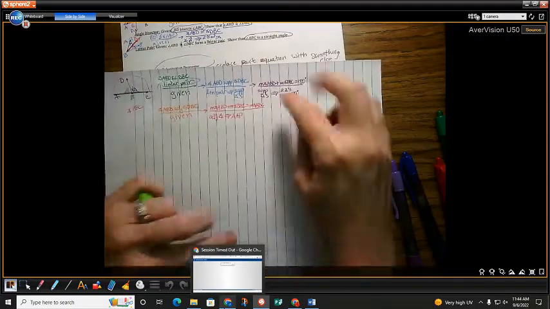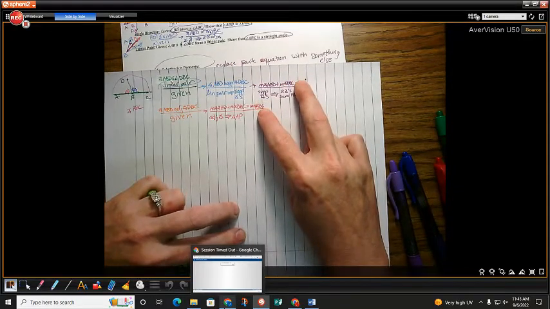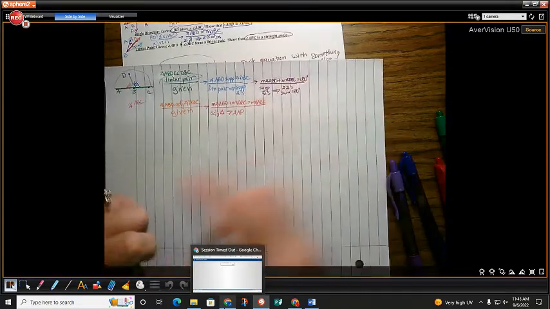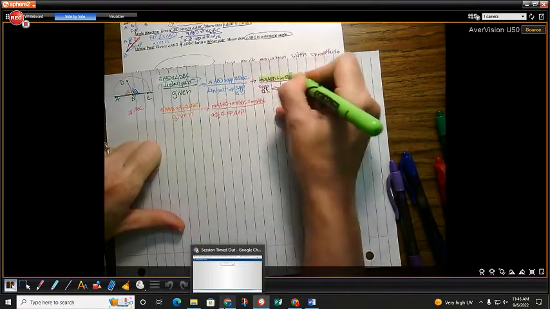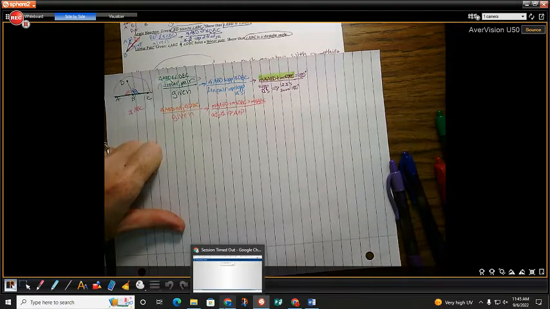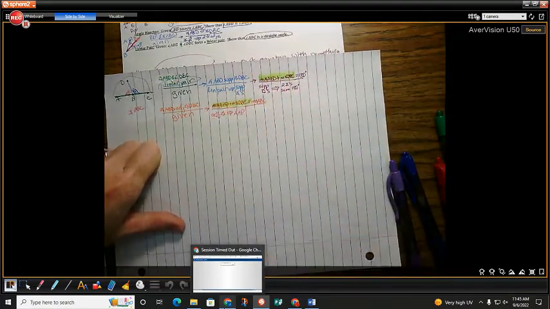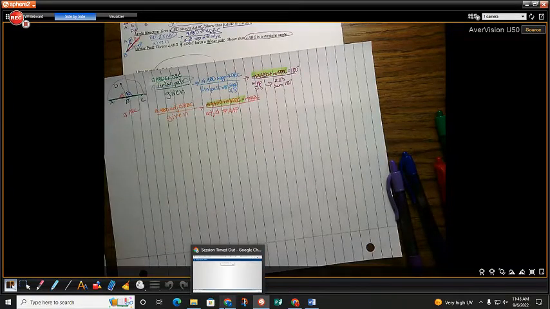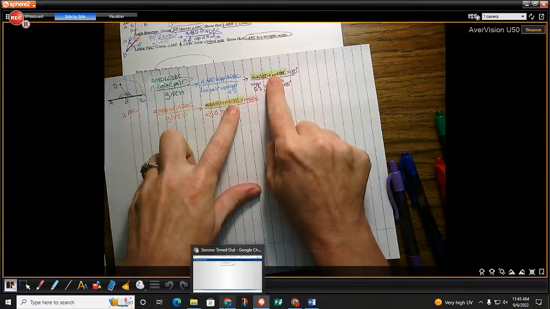So I'm going to get my highlighter and look: do I see any things that are the same at the ends of my two chains? This one up here has this sum, and this chain has the exact same sum: the measure of angle ABD plus the measure of angle DBC.